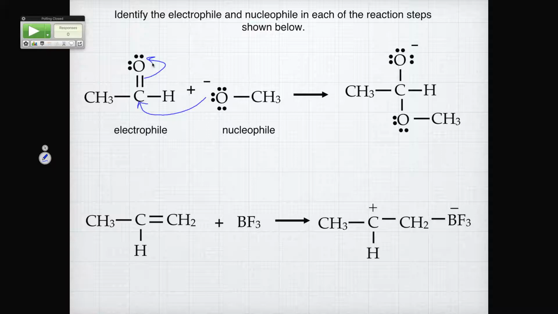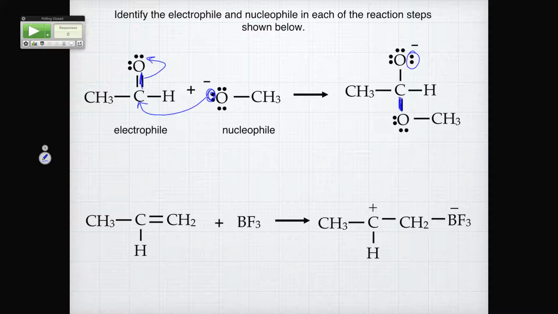Yes. So the electrons in this lone pair are now where? In this bond, right? Okay, and the electrons that were in this bond are now where? Up here. Does that make sense?